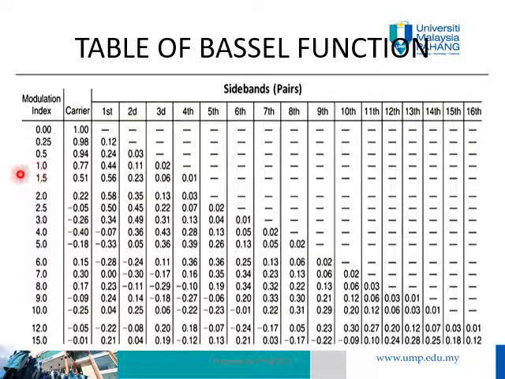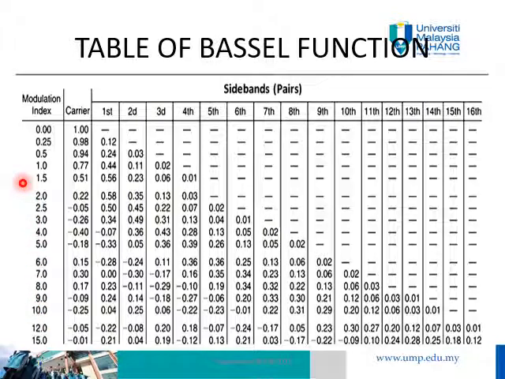But if the modulation index is 2, we have the carrier here and the significant sidebands become 4. If we have a higher modulation index, let's say equal to 10, we have 14 significant sidebands.